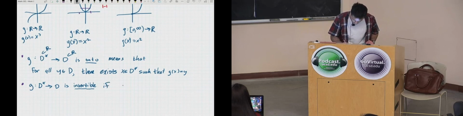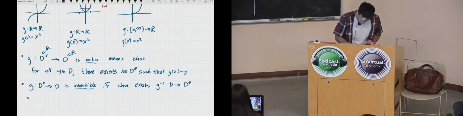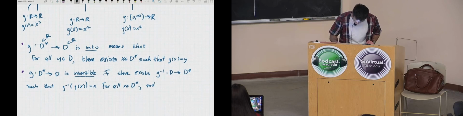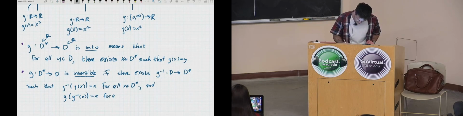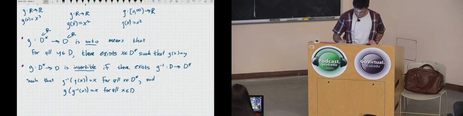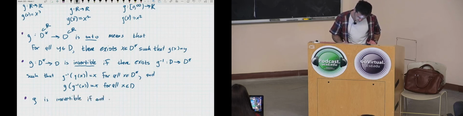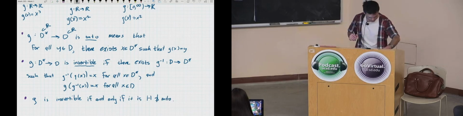It's invertible if there exists some function g inverse, which goes from D to D star, such that g inverse of g of x is equal to x for all x in D star, and g of g inverse of x is x for all x in D. And the reason we talk about all these concepts together is that a function is invertible if and only if it is one-to-one and onto. Cool. Okay, so that's my little 1D review.